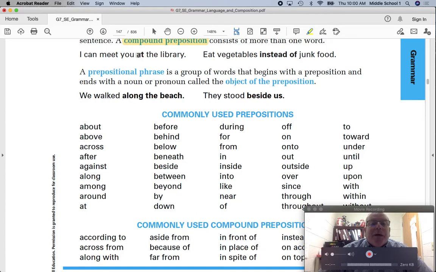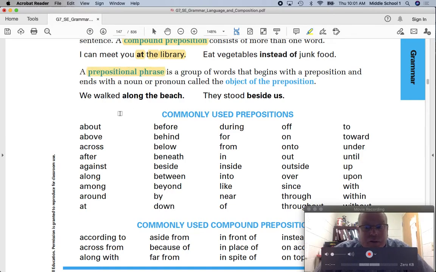And when we combine the preposition, like at in the first example, with a noun or a pronoun that's at the end of the sentence, its object, when we combine all those things together with the word or the words that are in the middle, we call it a prepositional phrase.